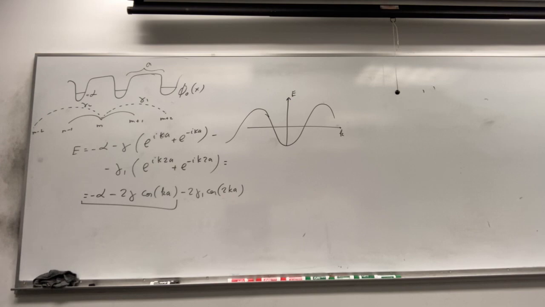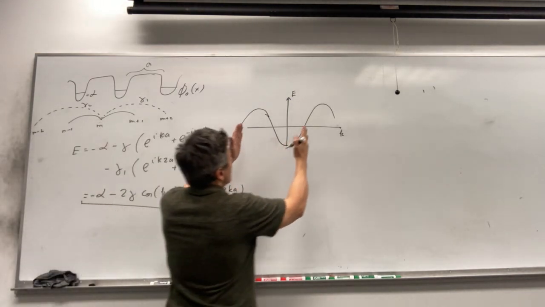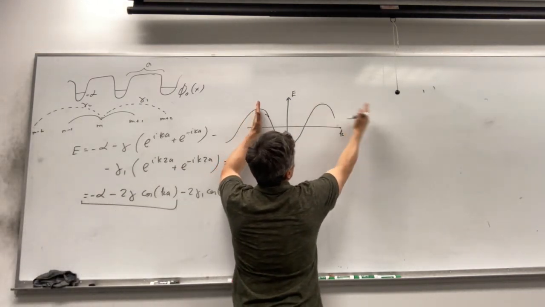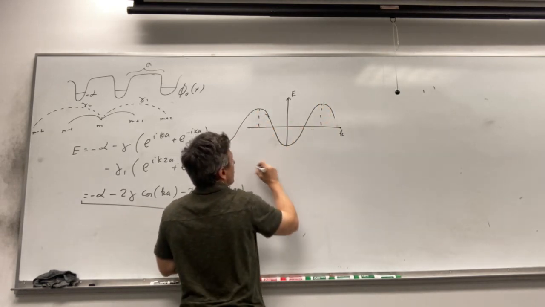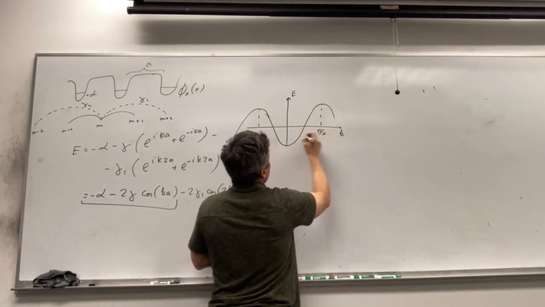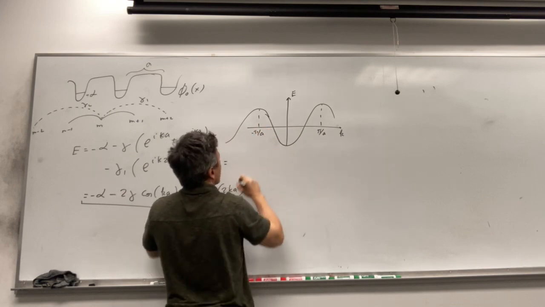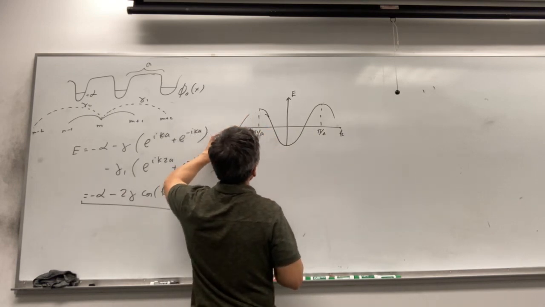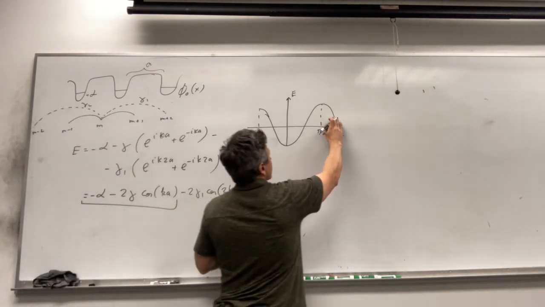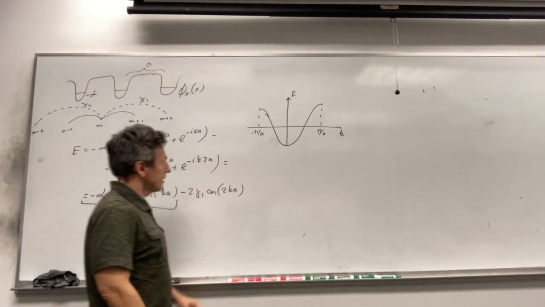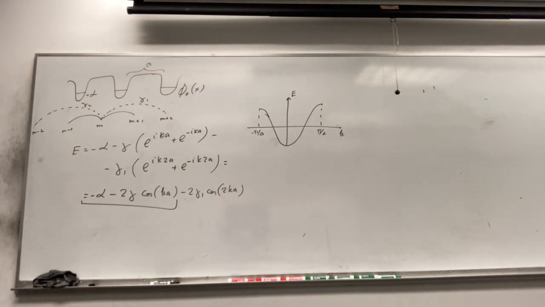So we just need to consider one period of this function, because then it will repeat itself. So it's the first Brillouin zone, from minus pi over a to pi over a. Outside of this Brillouin zone, of course, it will repeat itself, so it will again be the same. So it will produce one band.